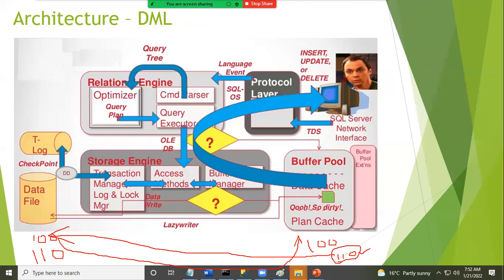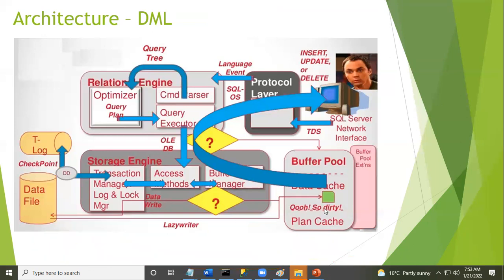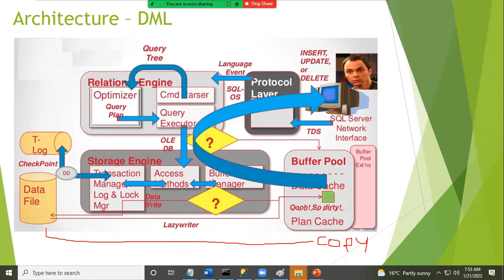If both are the same, we never call this dirty, because the checkpoint has written the page from the buffer pool to the disk. In simple words, checkpoint just copies the pages. Don't use this word formally, I'm just telling you for the sake of simplicity. Just consider this as copying modified pages from the buffer pool to the disk.